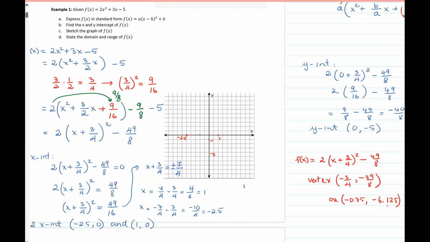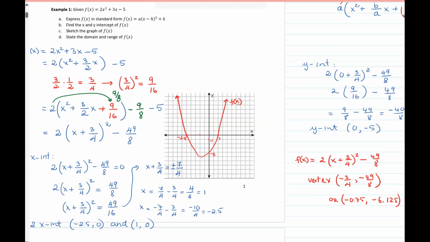So we got our vertex. That is somewhere here. Now we can draw our graph. And this is our graph f of x.